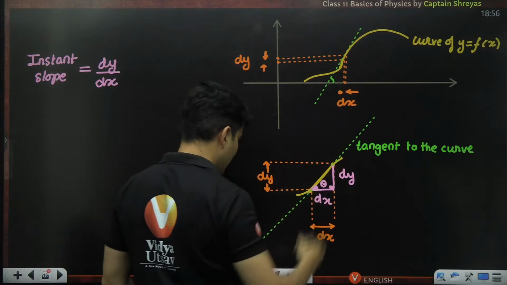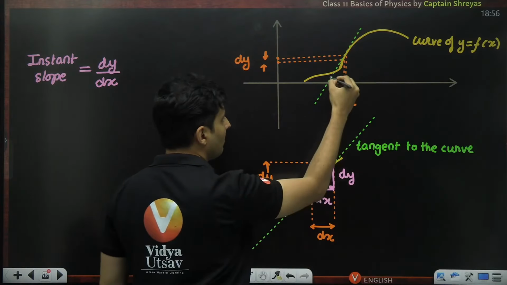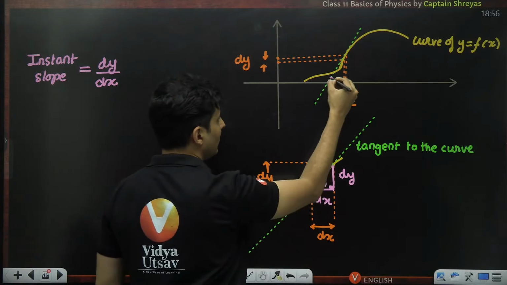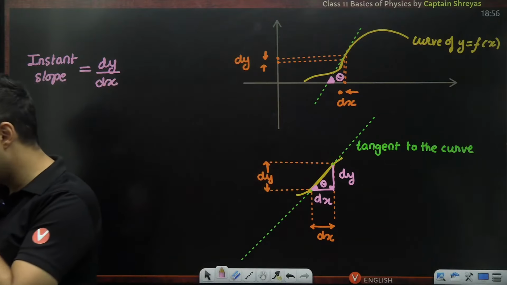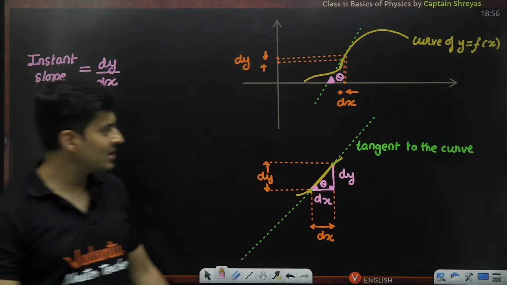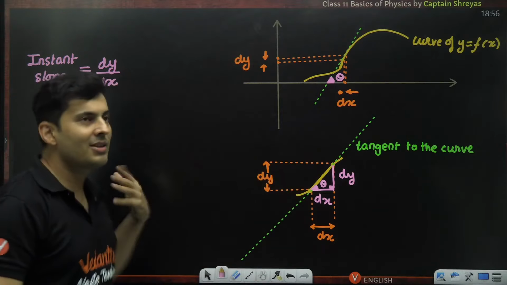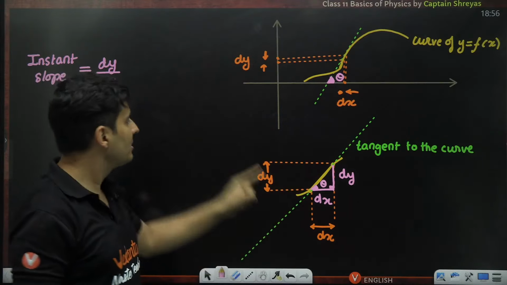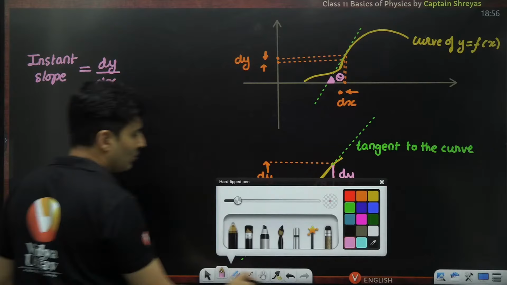So can I mark this particular angle also as theta, my dear students? Everyone with me on this? So what is your point, sir? The point is, check it out, dy and dx, what are they?